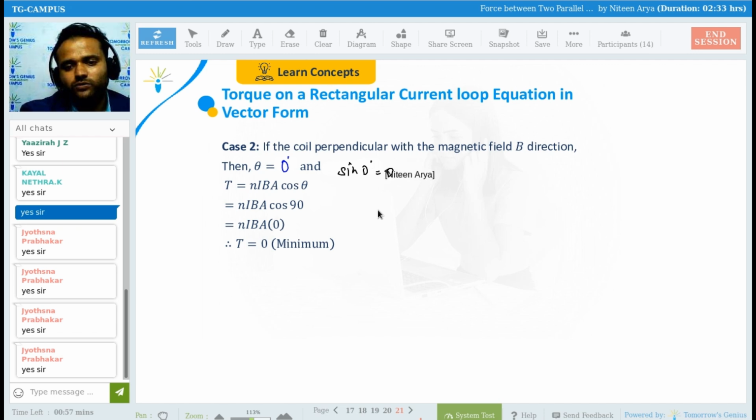Sine 0 degrees equals 0. In this formula we have sine theta, and when sine 0 degrees is 0, torque becomes zero.